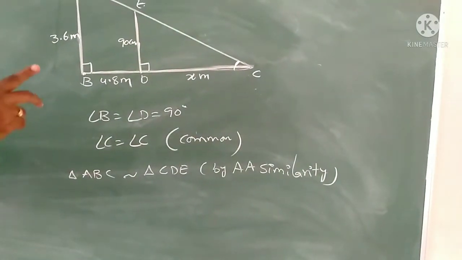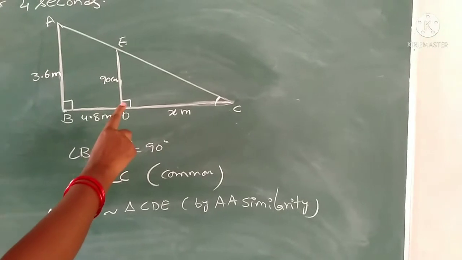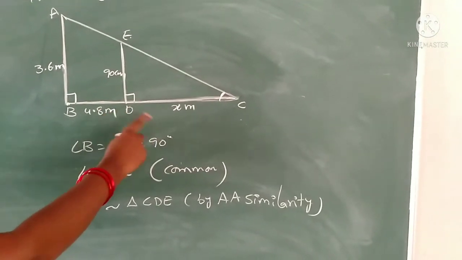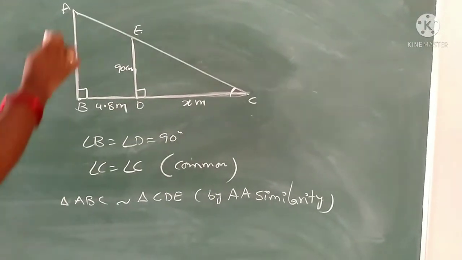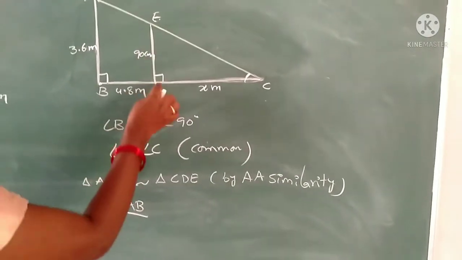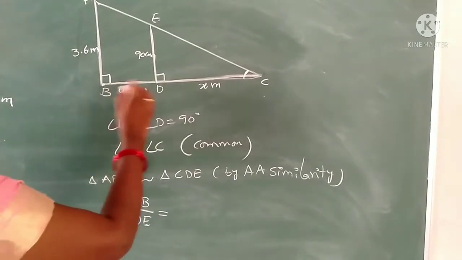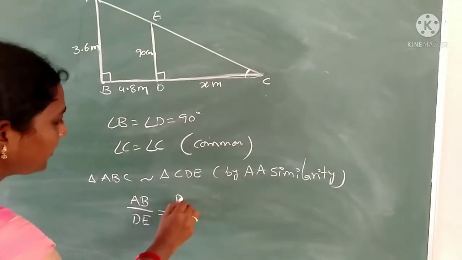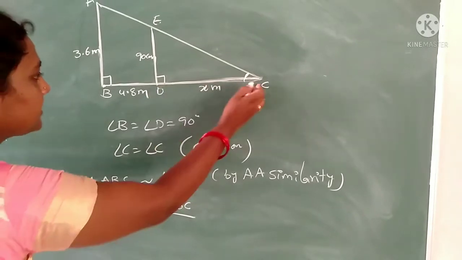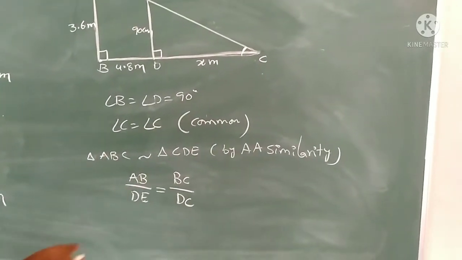We know that when two triangles are similar, the corresponding sides are in the same ratio. So we write AB by DE equals BC by DC. Next we write the values.